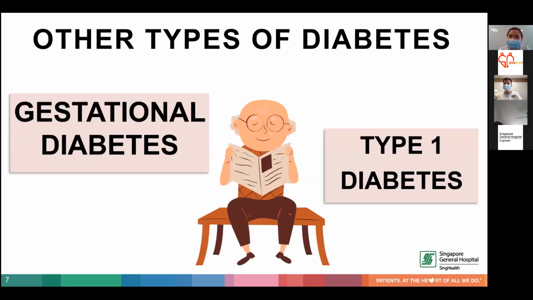So what about other types of diabetes? We have gestational diabetes. If you have given birth before, you may be familiar with this term. Gestational diabetes is a diabetes that develops when you are pregnant.